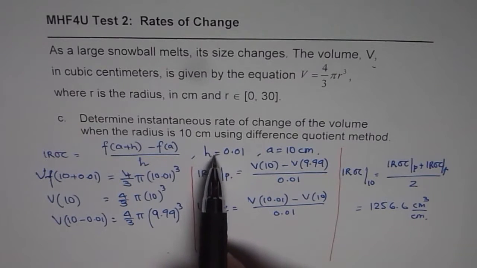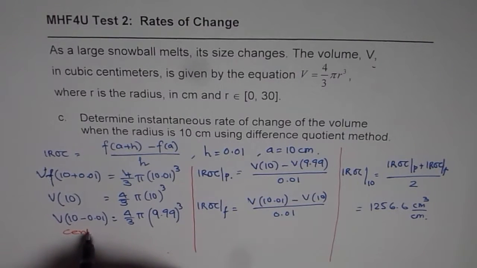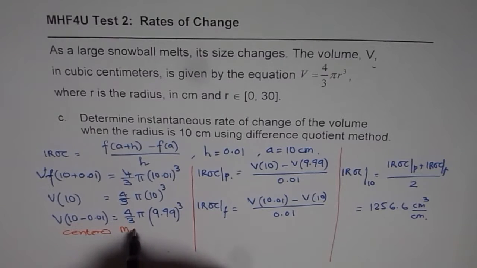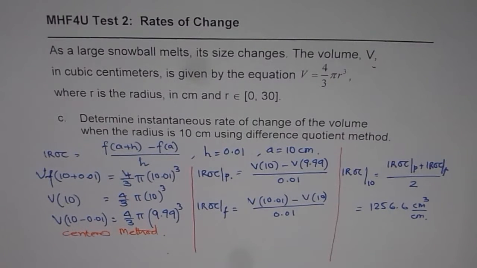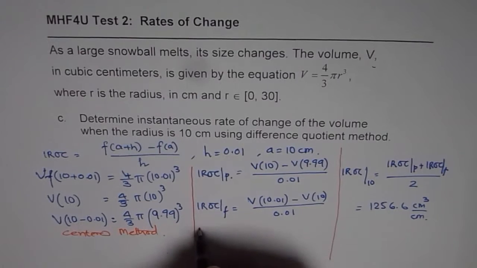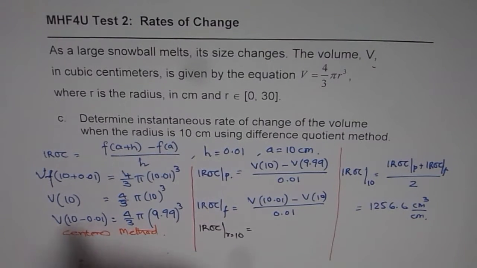If I do centered method combined with this difference quotient method, we could have found the value like this: instantaneous rate of change at r equals 10 will be equal to, we could use these two values, since 10 is in the center of these two.